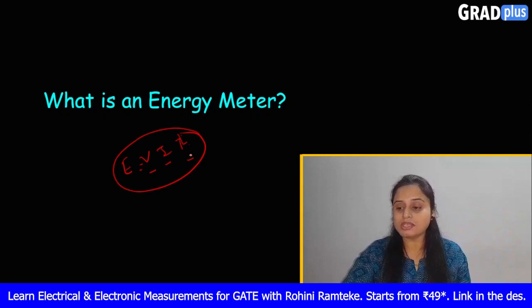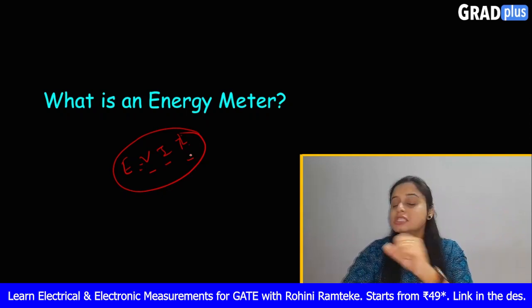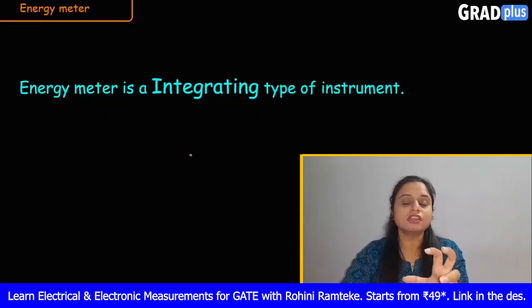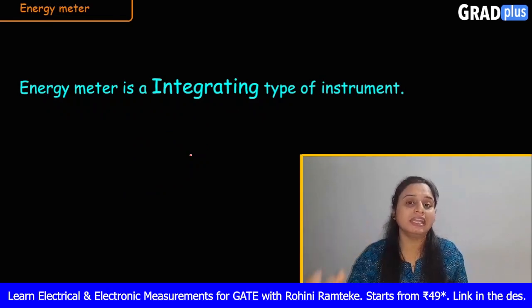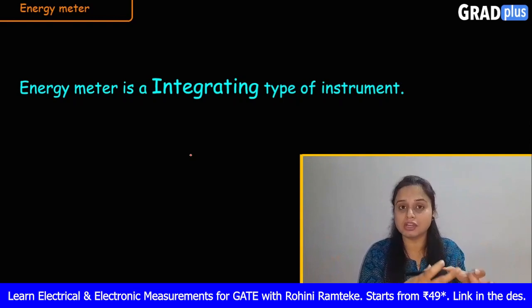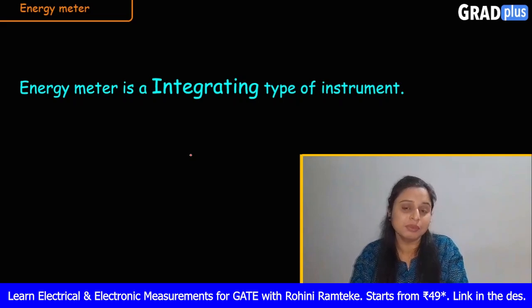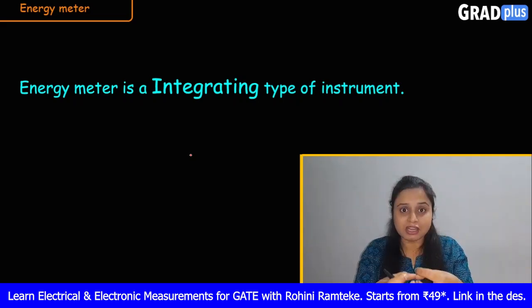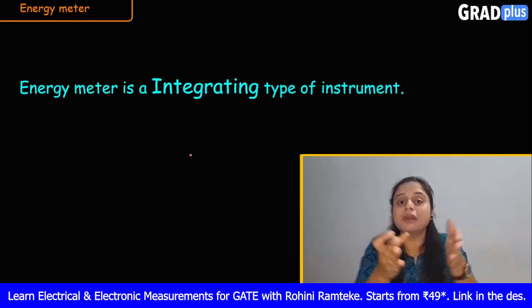Now, in which category will this energy meter come? This energy meter will come in the integrating type instrument, because it will integrate the complete energy, which is nothing but the product of voltage, current and time, that we consume for a particular period.